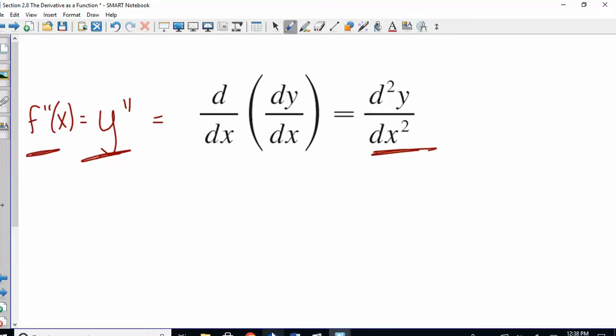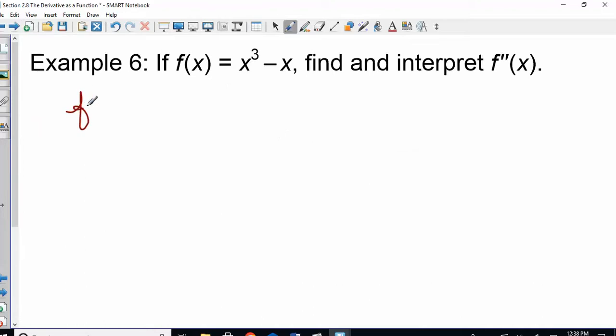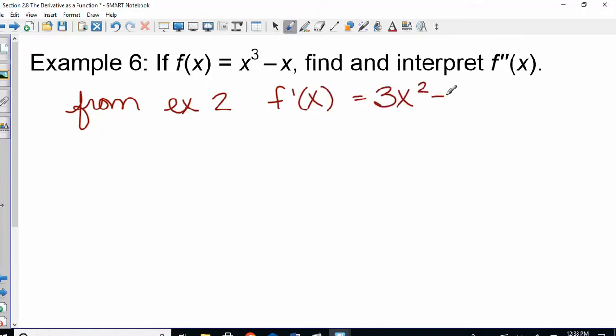So let's try one. Yesterday, I think in example 2, we found the derivative of x cubed minus x. So yesterday we worked this one out and we got 3x squared minus 1.